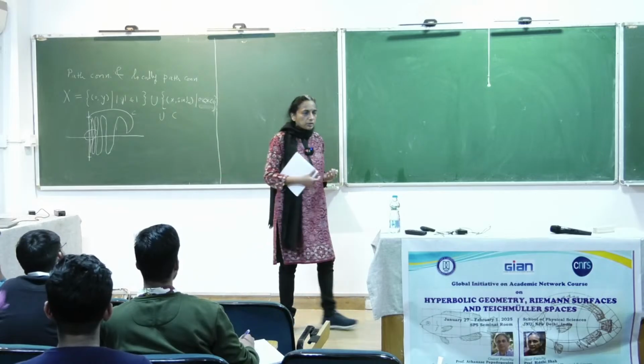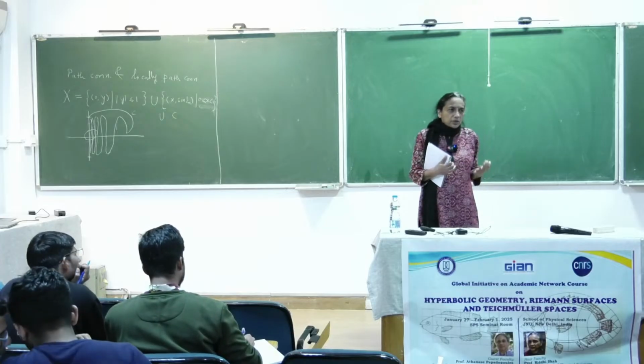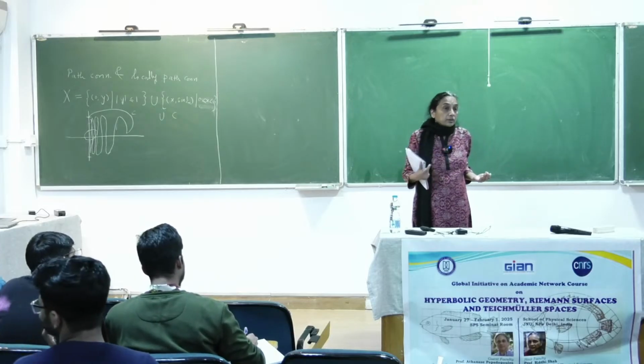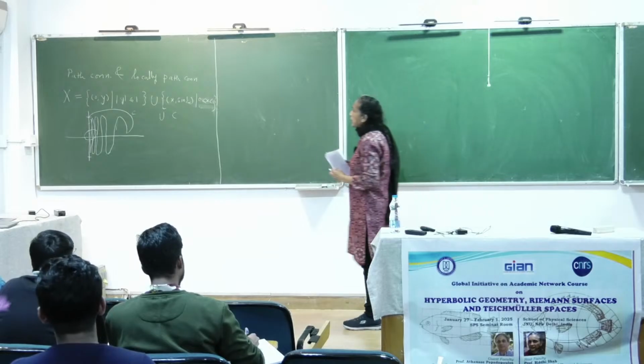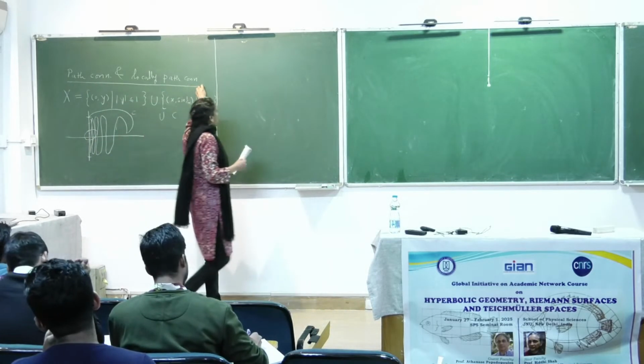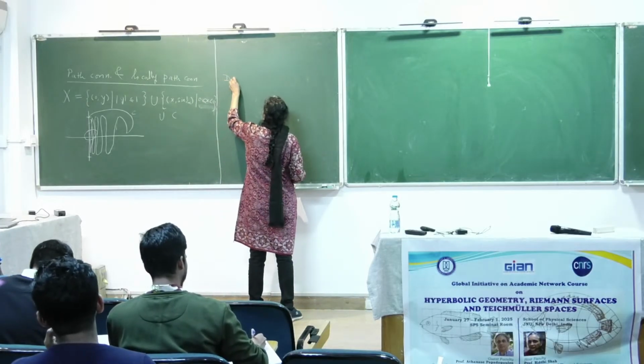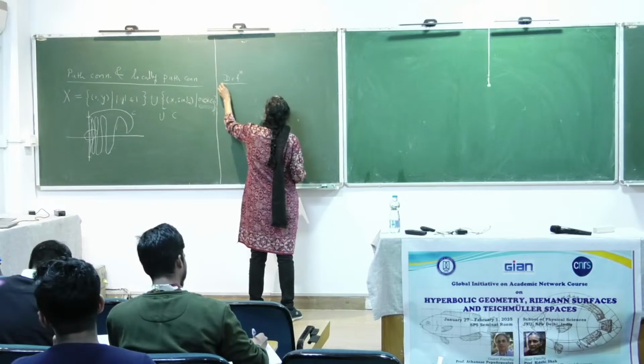So you need your space to be path connected and locally path connected, which are of course connected and locally connected, right? So these are our assumptions for every space that we will consider today. And let me define. So, definition.